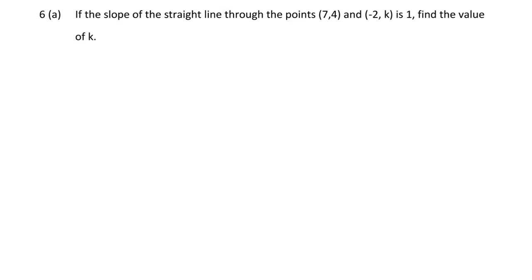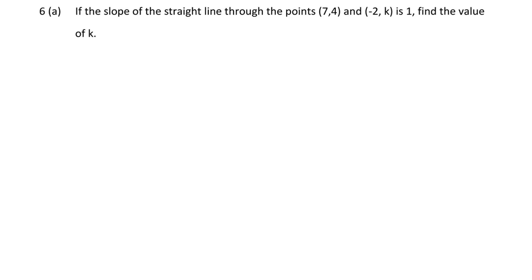Question number 6, part A. If the slope of a straight line through the points 7, 4 and negative 2, k is 1, find the value of k. Okay, so this is the coordinate geometry problem. Let us now recall the slope formula, which says slope equals to y2 minus y1 over x2 minus x1.